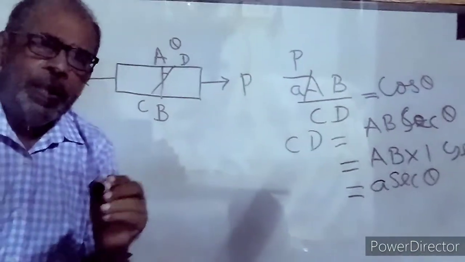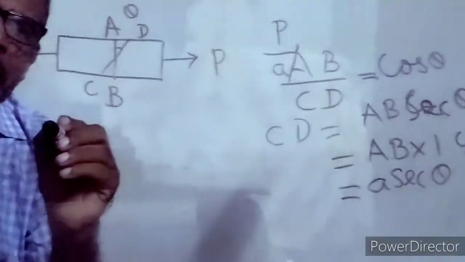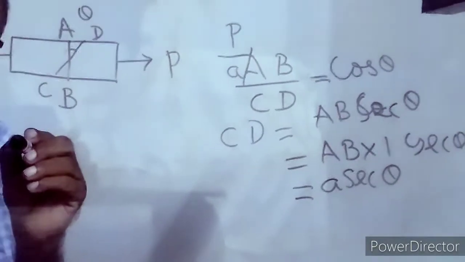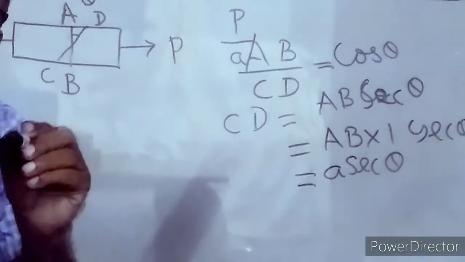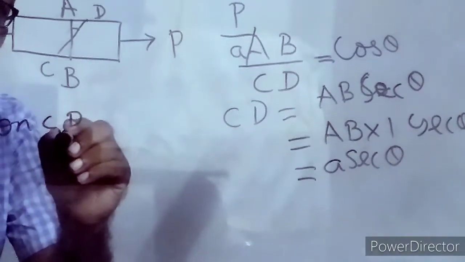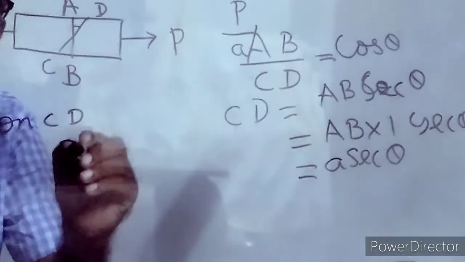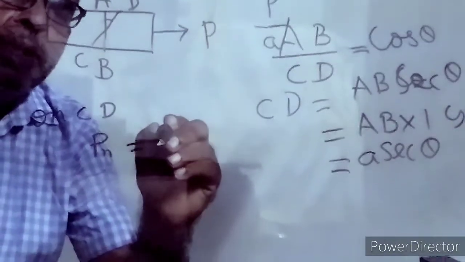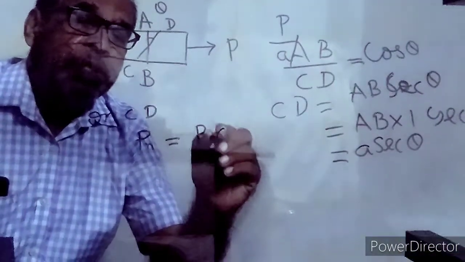Now, to find the normal force to the CD plane. On the AB plane, the normal force is P. On the CD plane, the normal force is Pn, which is equal to P cos theta.